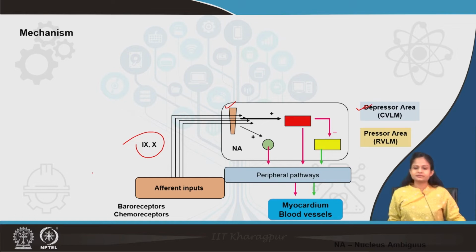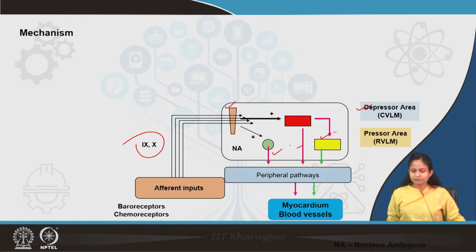They take the signals to the nucleus tractus solitarius of the medulla, that is the center, and then from the nucleus tractus solitarius, depending on the signals, the baroreflex mechanism occurs, where either the pressor area or the depressor area gets activated. Based on that, signals come through the pressor area or depressor area, or the cardiac inhibitory center or cardiac vagal center, the nucleus ambiguus, which usually gives the signals through the parasympathetic pathways.